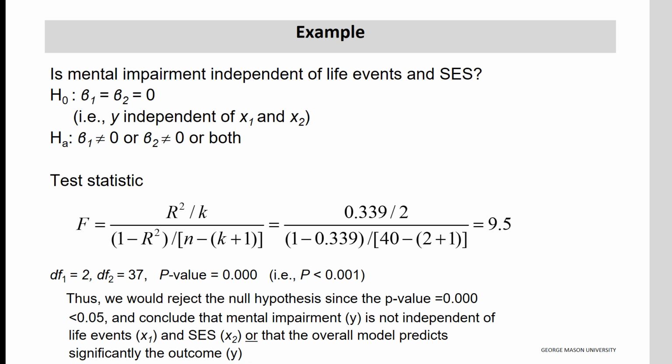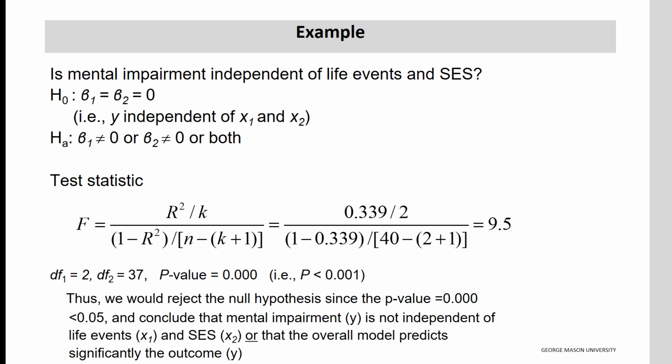And the conclusion from this is that we would reject the null hypothesis since the p-value is much smaller than 0.05. Again, 0.05 is our significance level, and conclude that mental impairment is not independent of life events and socioeconomic status, or that the overall model predicts significantly the outcome.